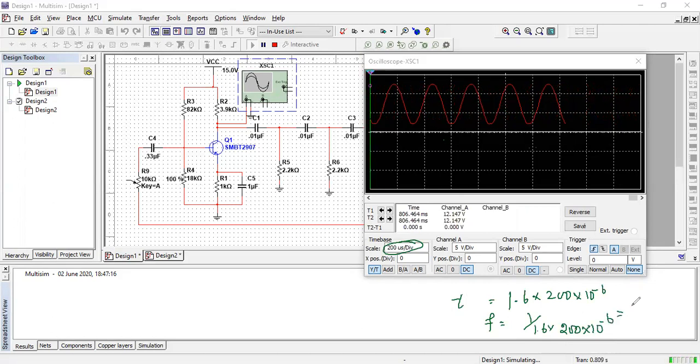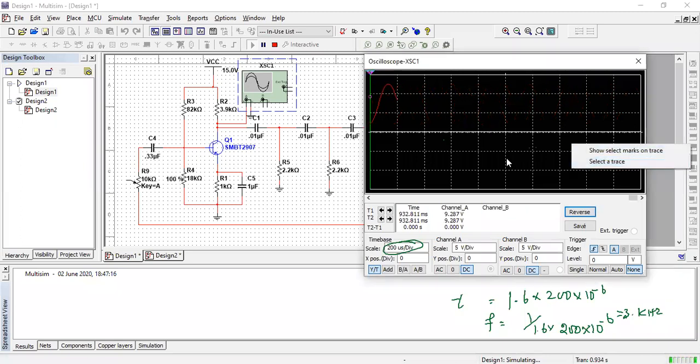The frequency is 1 divided by 1.6 into 200 microseconds, and we are getting almost 3 kilohertz. Theoretically we are getting 2.9, practically we are getting around 3. This is the way we simulate the RC phase shift oscillator.